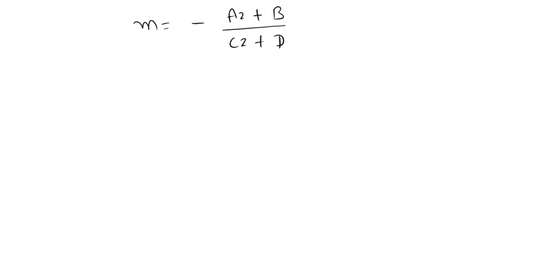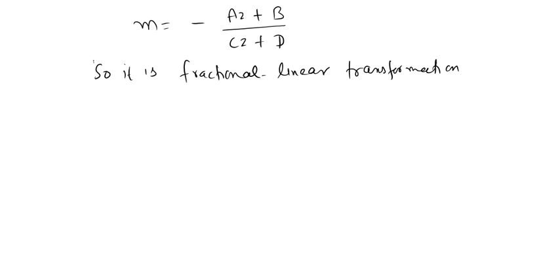So I have written a, b, c, d, four coefficients. So it is a fractional linear transformation; you are dividing two linear transformations. So it is a fractional linear transformation of the z plane into itself.